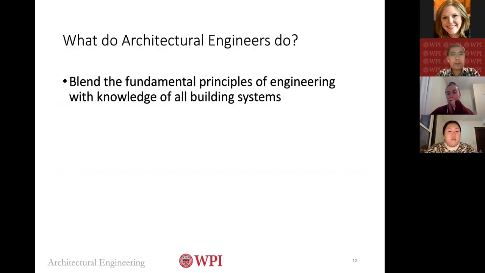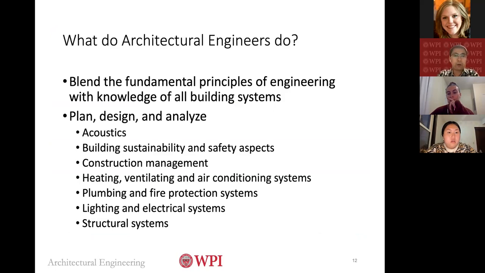So in summary, what do architecture engineers do? The major overarching goal is to blend the fundamental principles of engineering with knowledge of all building systems, as I mentioned before. If we break it down, it includes acoustics, that is acoustic engineering, and building sustainability and safety aspects.